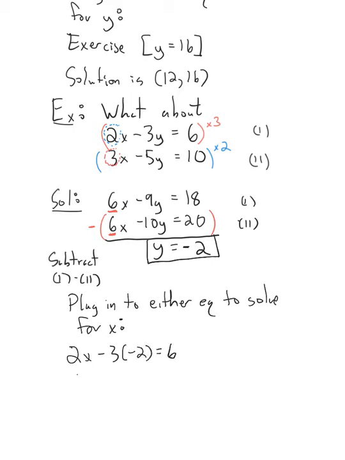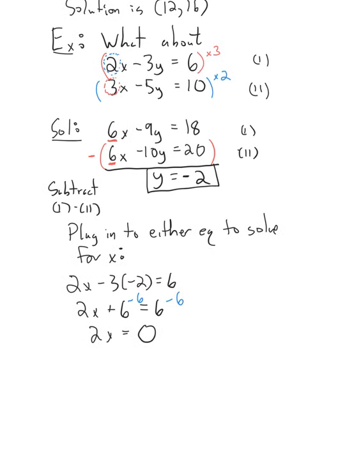So here, 2x, negative 3 times negative 2 is a positive 6. That equals 6. Subtract 6 from both sides. We get 2x equals 6 minus 6, which is 0. So finally, we get that x is, of course, 0.